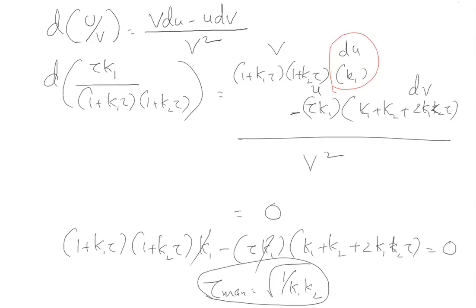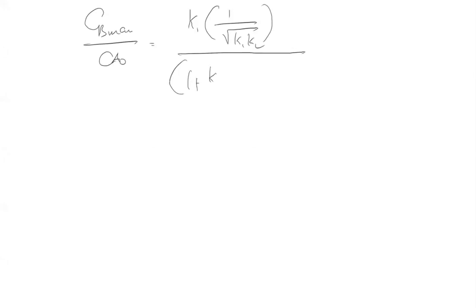Clear? Now what should you do now? CB max by CA naught. What is CB max by CA naught? It is K1 into 1 by root of K1 K2, divided by 1 plus K1 into 1 by root of K1 K2.